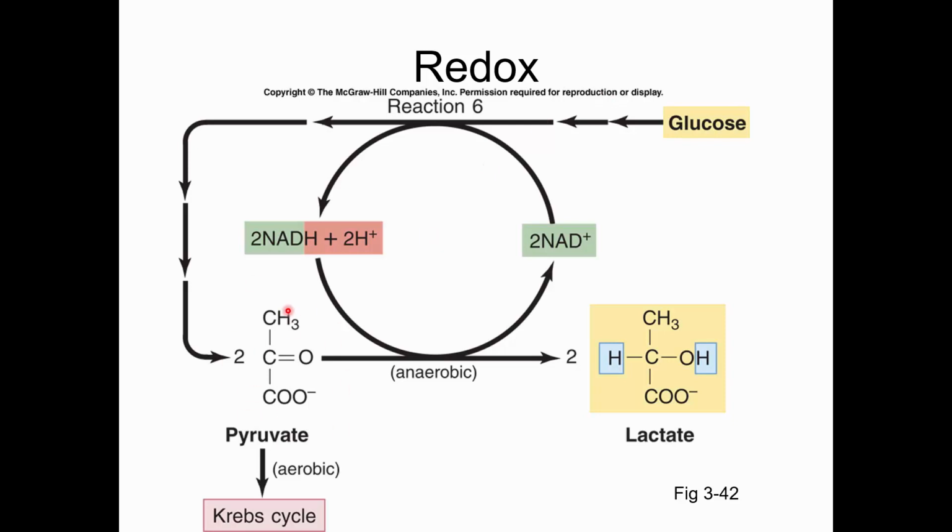So pyruvate is a low energy molecule. It's in the oxidized form. NADH is a high energy molecule in the reduced form. NADH can donate its high energy electrons, and the hydrogens come along to maintain electron neutrality.